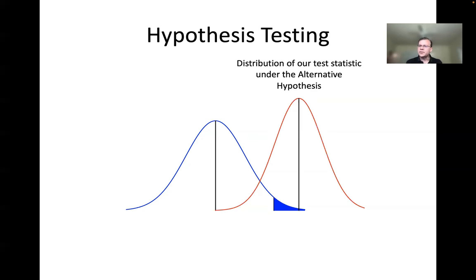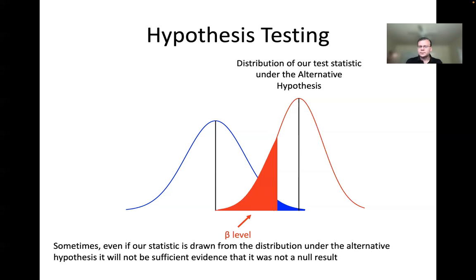Now, most of the time, if we're going to conduct a study, we're not thinking, oh, nothing's going to happen. We're thinking, oh, something's going to happen. And what we believe is going to happen is that our test statistic is going to fall in the alternative hypothesis distribution. And so the probability that we're able to reject the null hypothesis, given that we're drawing our statistic from the alternative hypothesis distribution, is going to be our power.